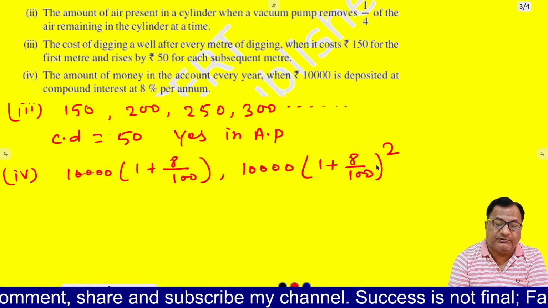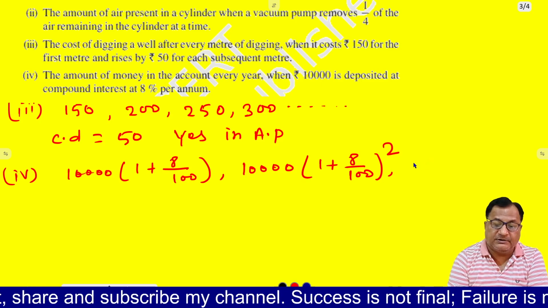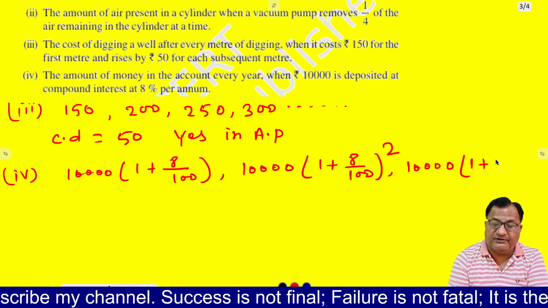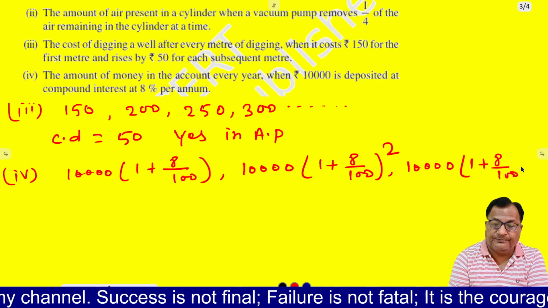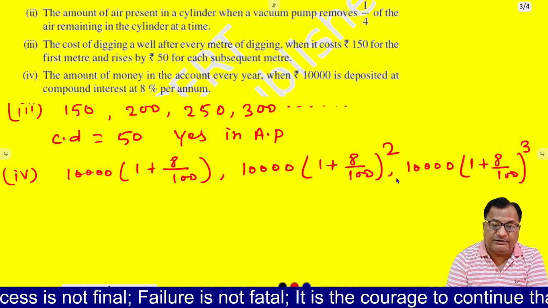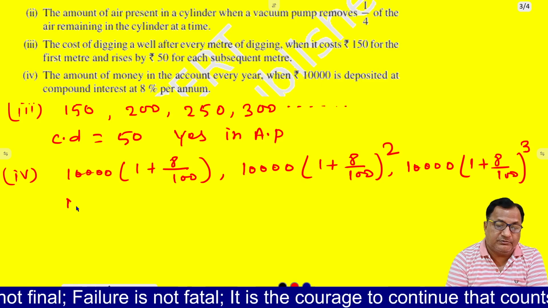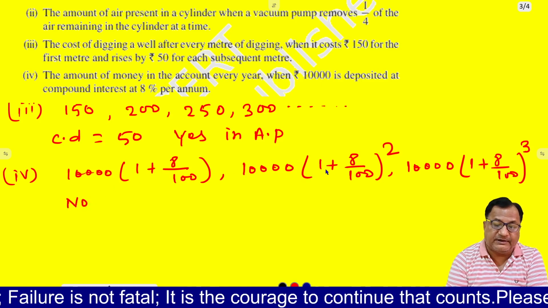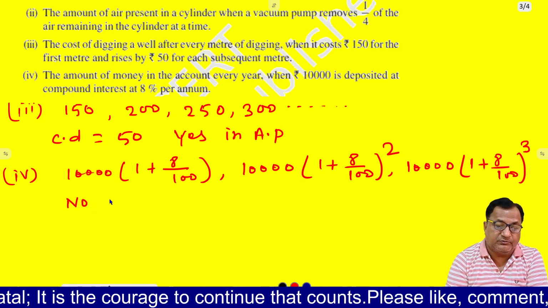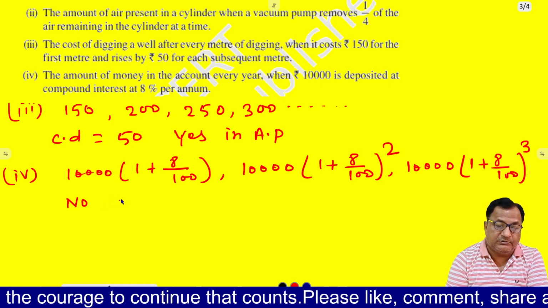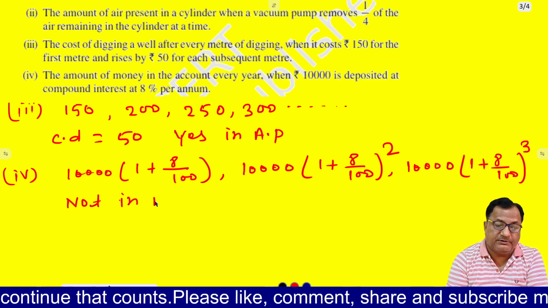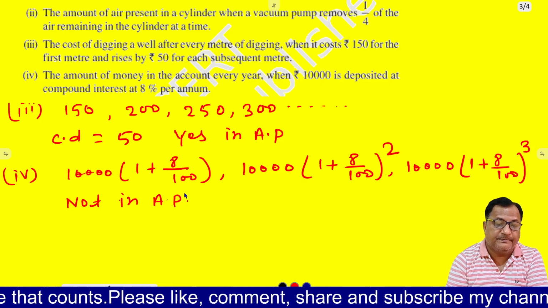After 2 years, this will be the amount. After the third year, this will be 10,000 into 1 plus 8 by 100 to the power 3. So clearly this is not in AP, because when we subtract, the common difference will not come the same. So no, this is not in AP.